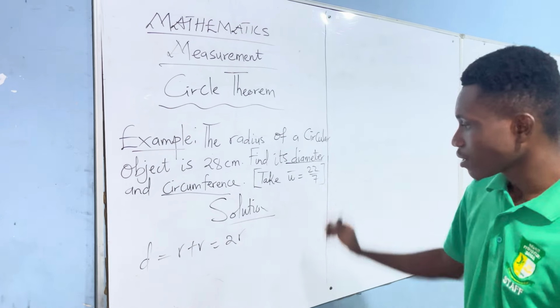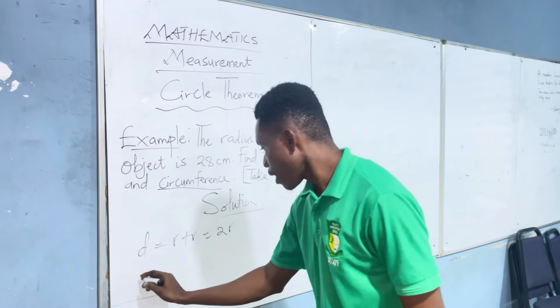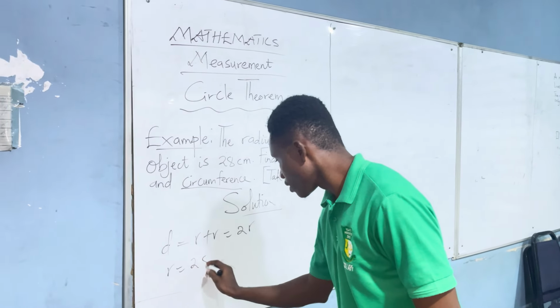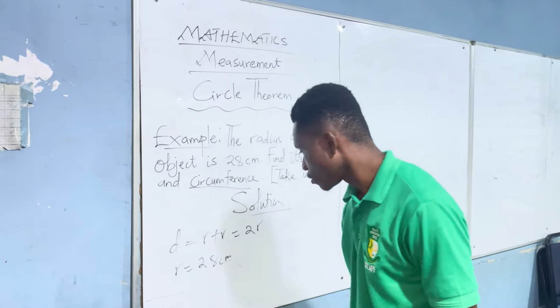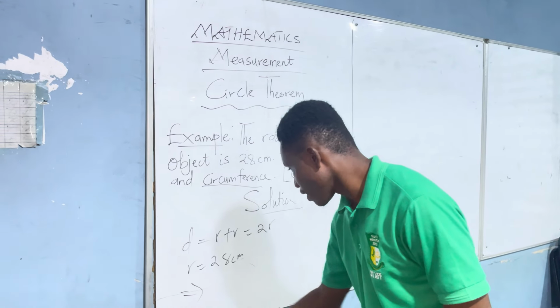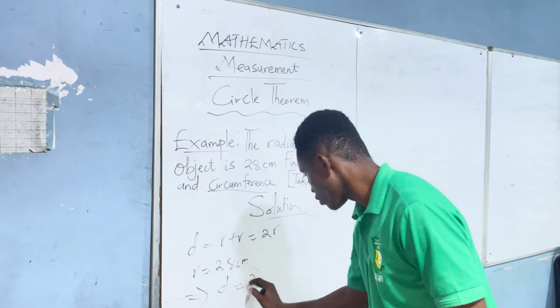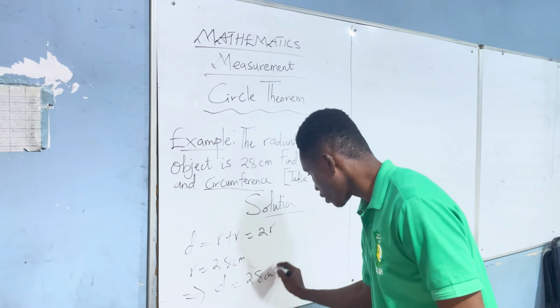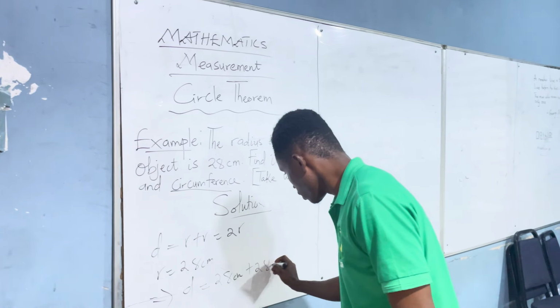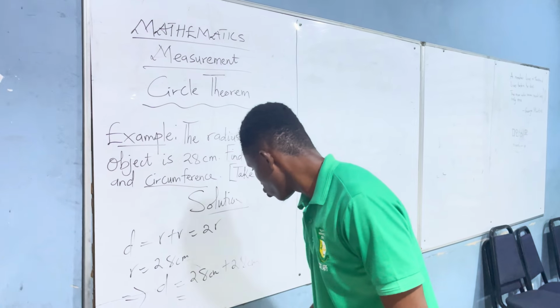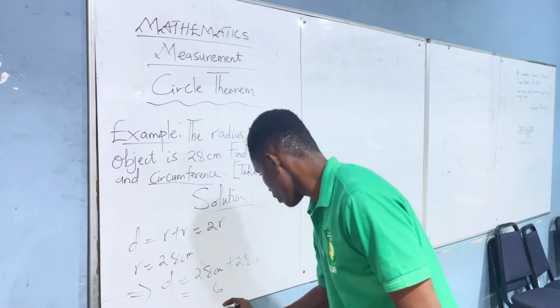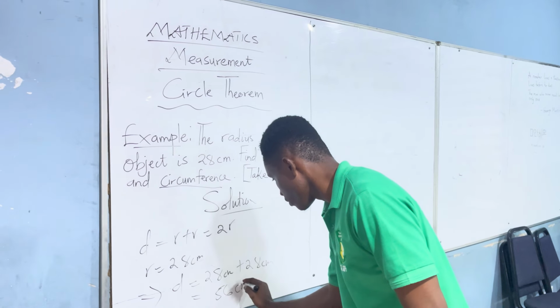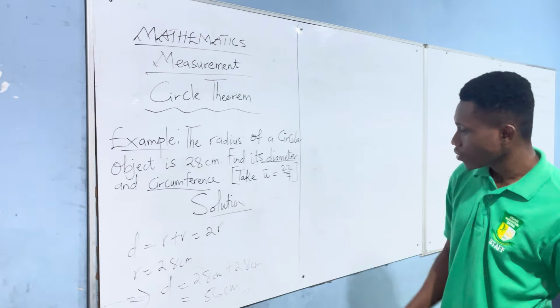In this sense, our r is equal to 28 centimeters. So it implies that our d equals 28 centimeters plus 28 centimeters, which is 56 centimeters.